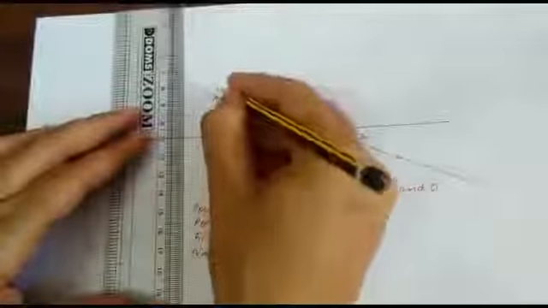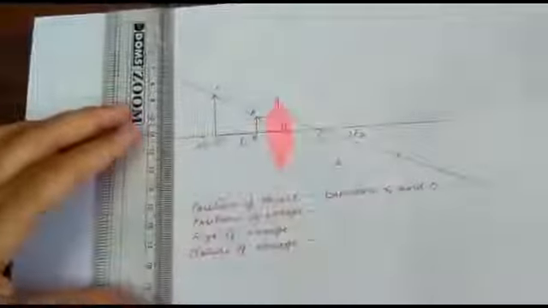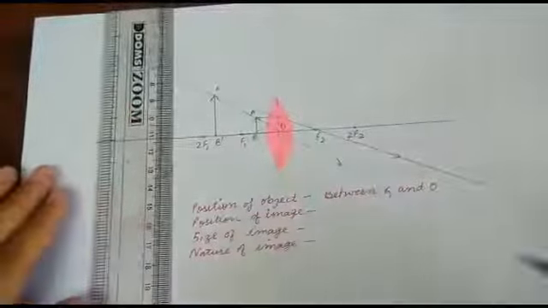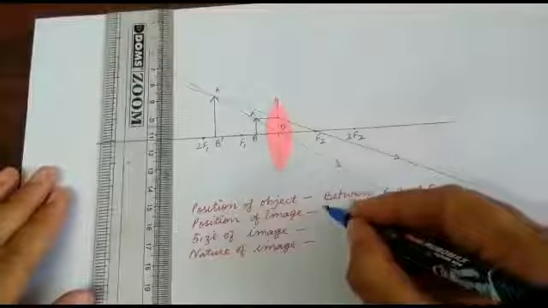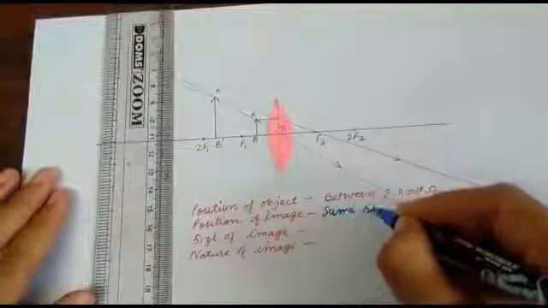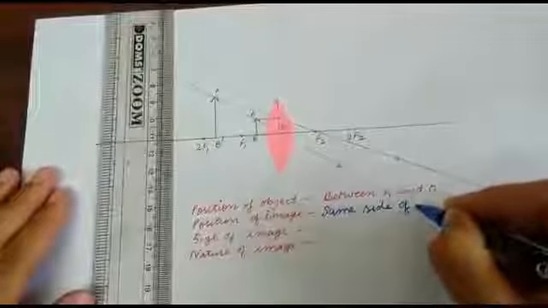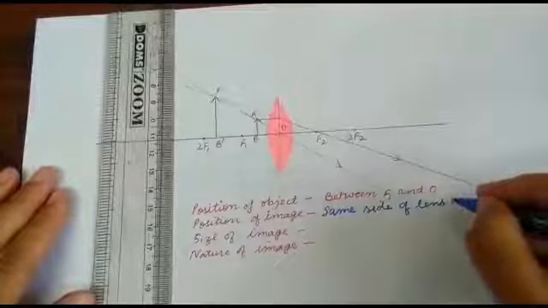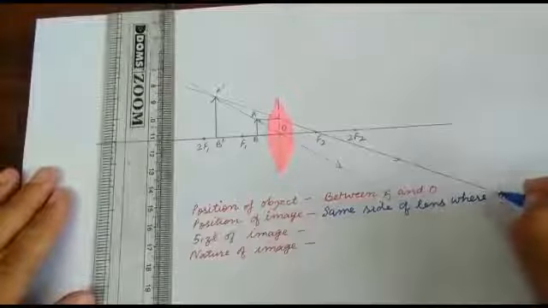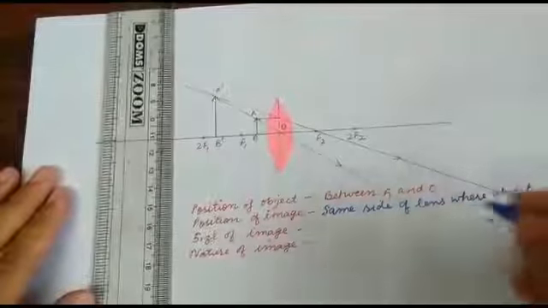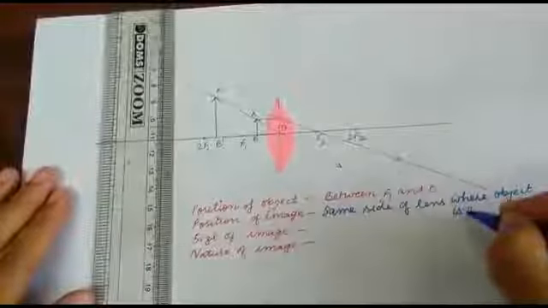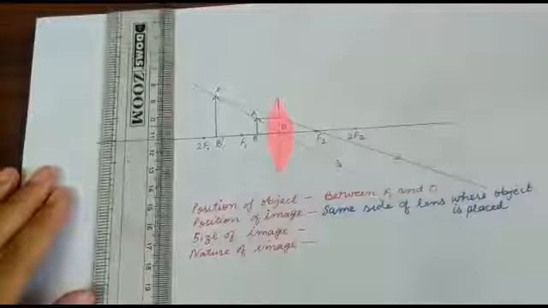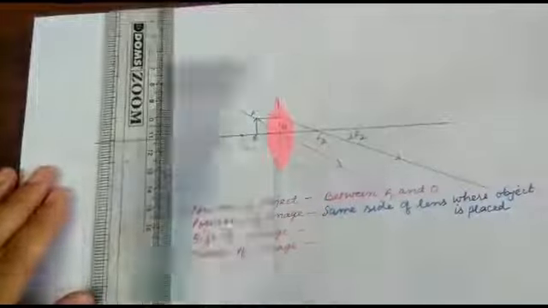We mark it as A dash and B dash. So the position of the image is on the same side of the lens where the object is placed. So the object and the image, both of these are on the same side of the lens.